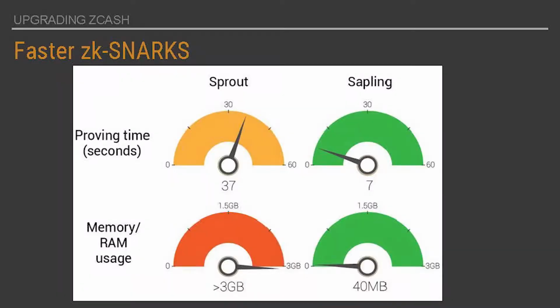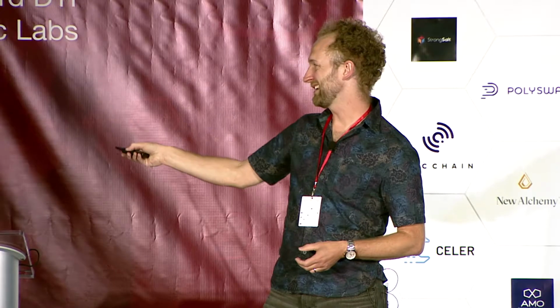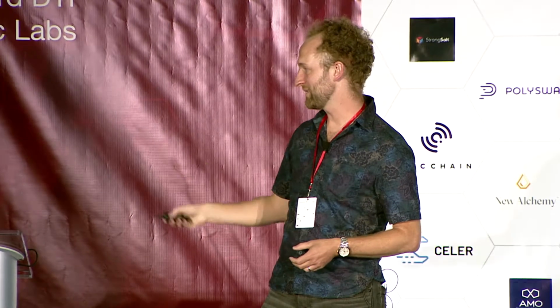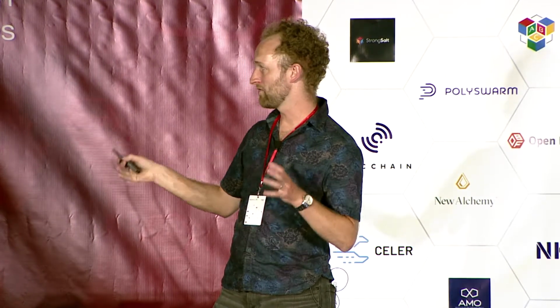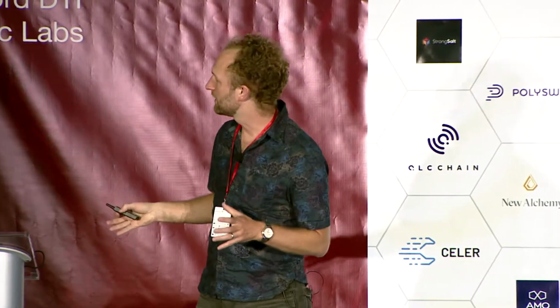Generating a transaction currently takes about 37 seconds on that machine, and it requires 3 gigabytes of memory. That's actually been cut in half since this slide was made, but it's still extremely large. So we've been putting a lot of effort into these performance improvements, which give us about 5 or 6 times in speed and roughly 100 times improvement in memory.